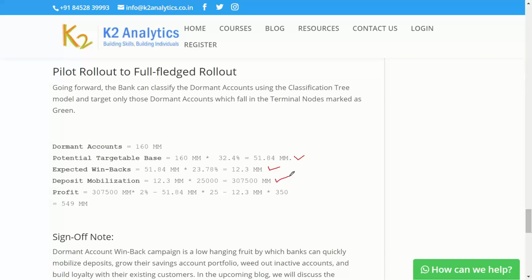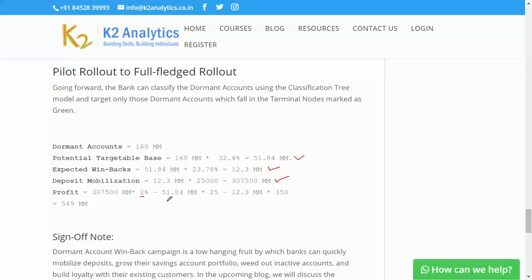Now, if a bank gets this 30,750 crore, they can make use of this money for giving loans, and based on the loan, they make a net interest margin of 2%. So I'll have 30,750 crore or 307 billion into 2% as my revenue.